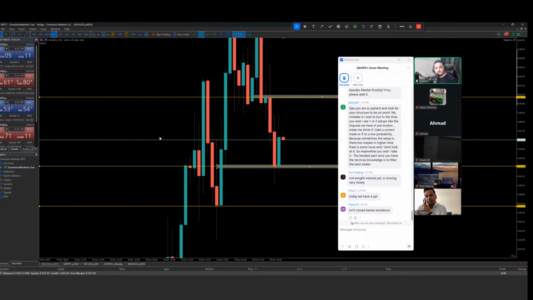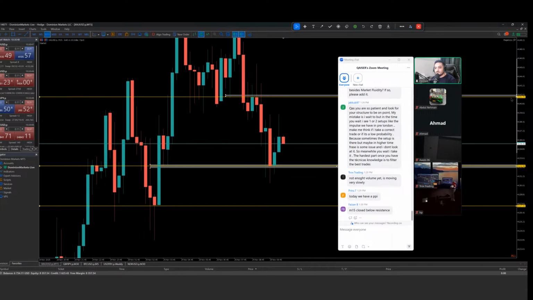This is a resistance, and this is a range, but still it's ranging. It's a no trade zone.